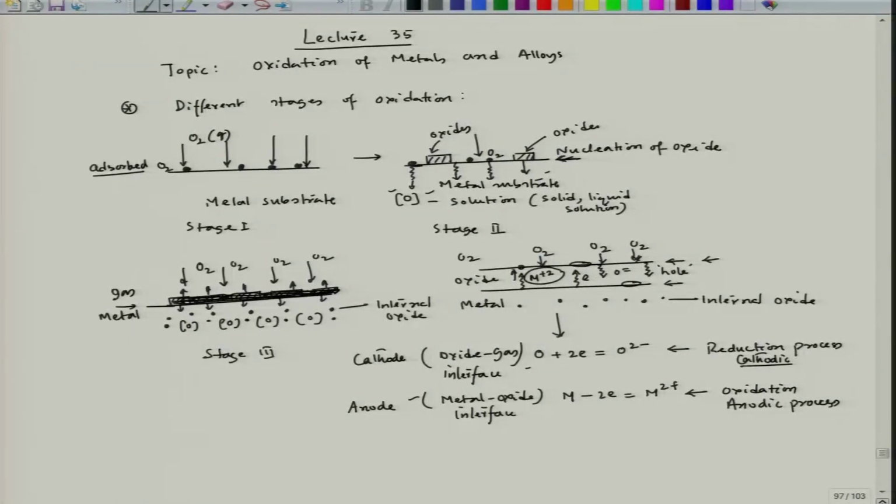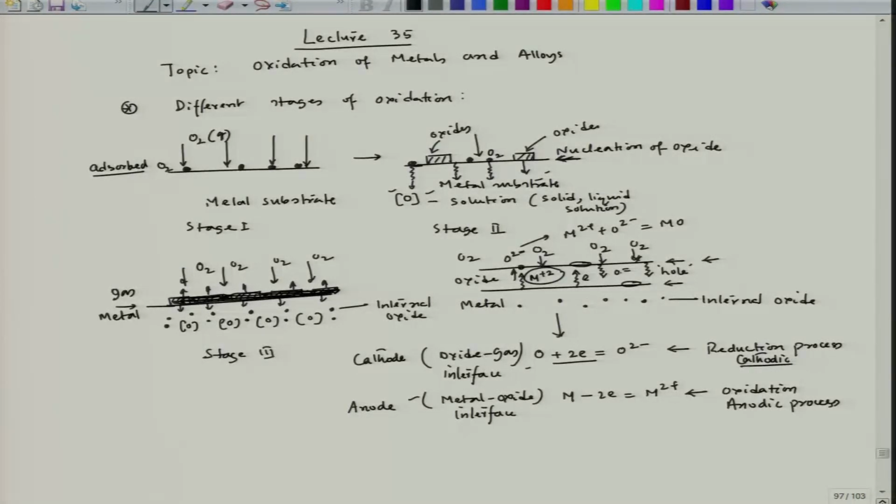So, this metal ion comes, and by the time it comes over there, it finds O2 minus ion, because of that electron acceptance process. These two combine, M2 plus and O2 minus, and form MO. That oxide film goes on this surface.